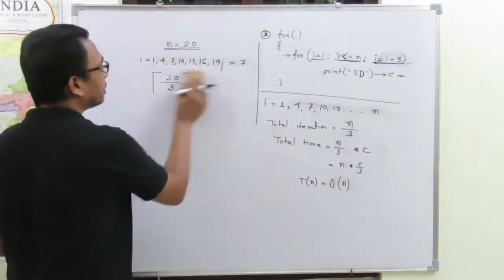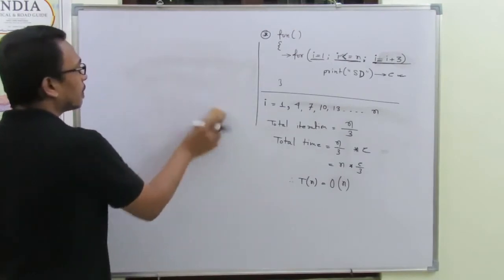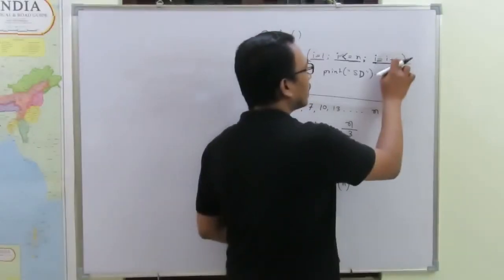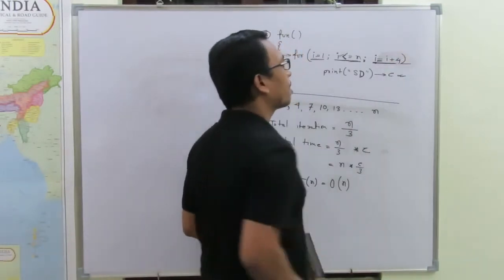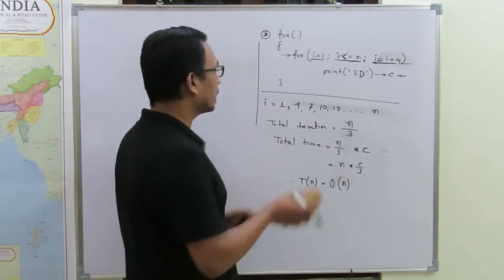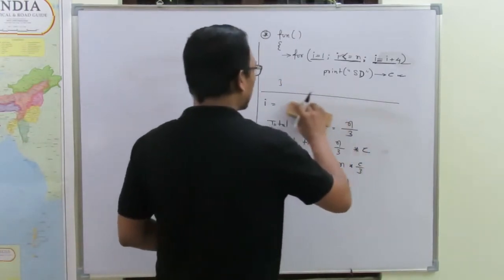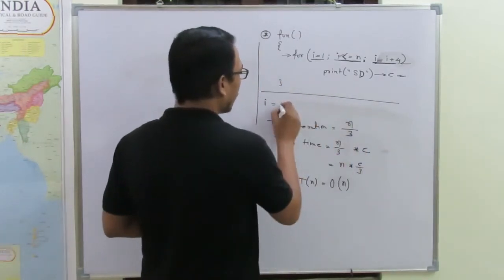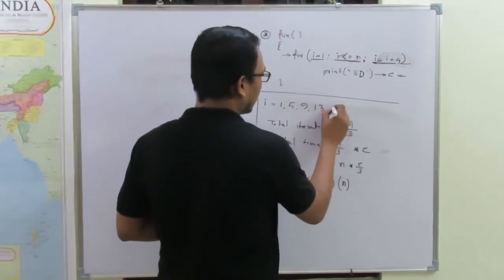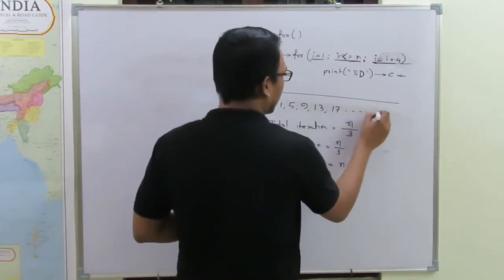Now let's erase this. What happens if we increase it to 4? Then the sequence of numbers will be 1, 5, 9, 13, 17, like that till n.